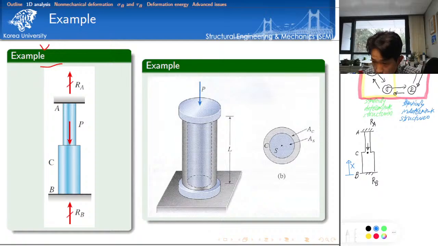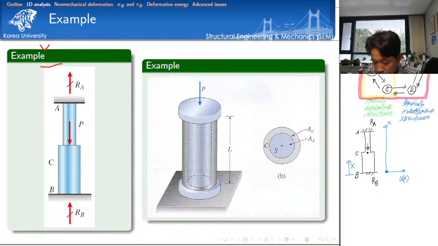It is the change of my displacement with respect to the X coordinate. This is my X-axis, isn't it? So make sure that point B is fixed, which means the displacement at this point should be equal to 0, isn't it?